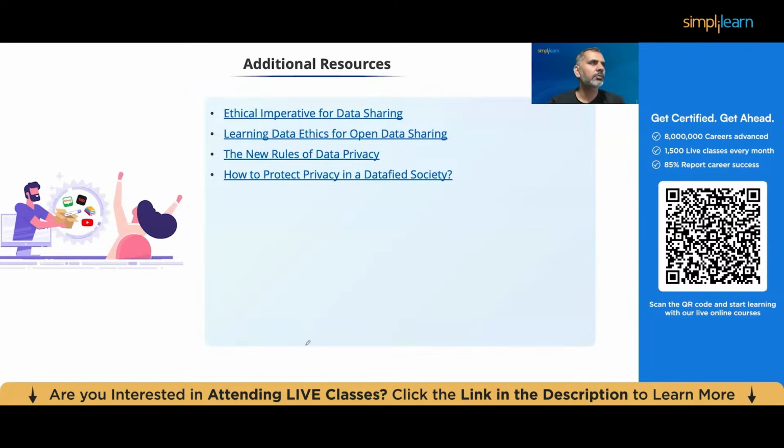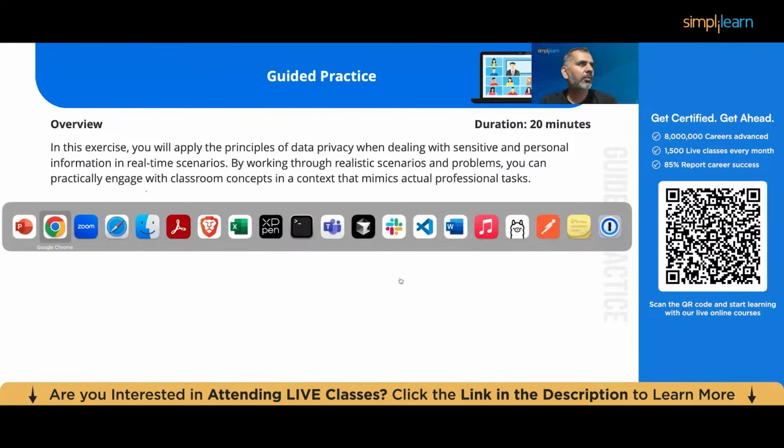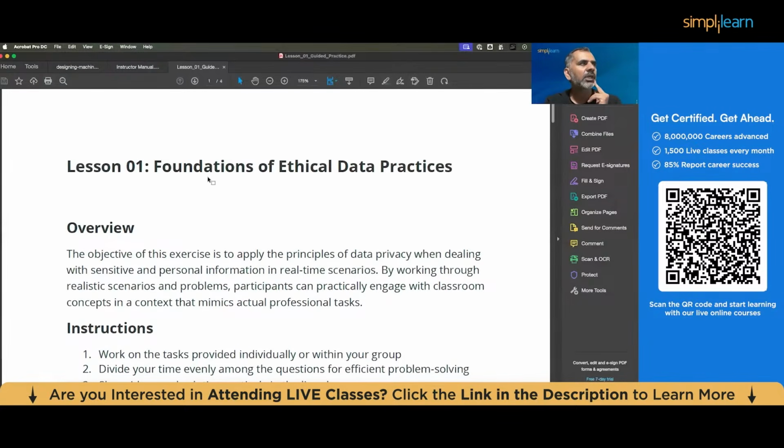And now we can talk about this guided practice. This guided practice is not anything where you have to use any tool. It only talks about what the common practices are that you can use to support that. And I believe you will see this document related to the foundation of ethical data practices.